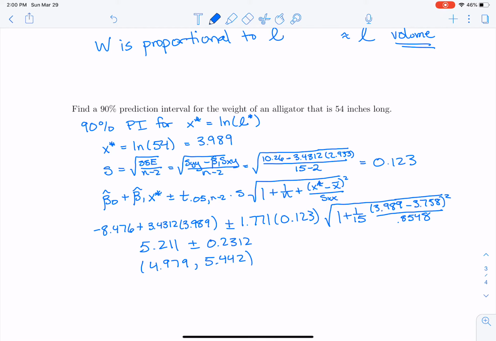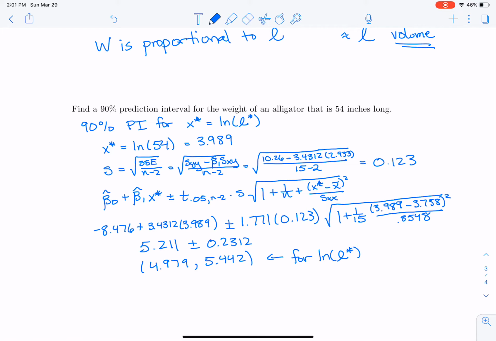Okay, so we can say that if an alligator is 54 inches long, that the natural log of the weight appears in this interval, with probability 0.9. So this is for the natural log of the length.